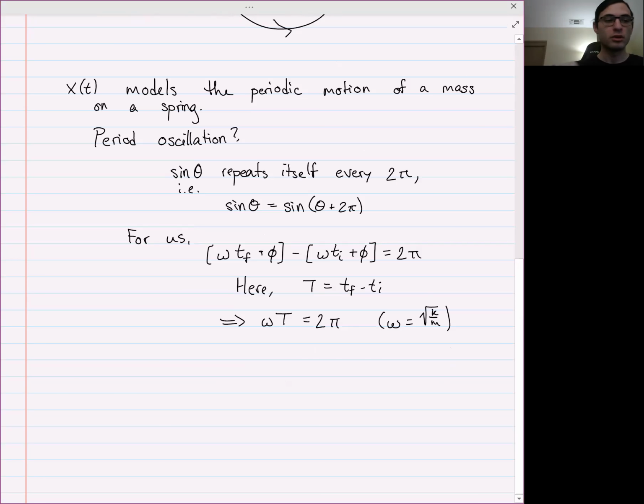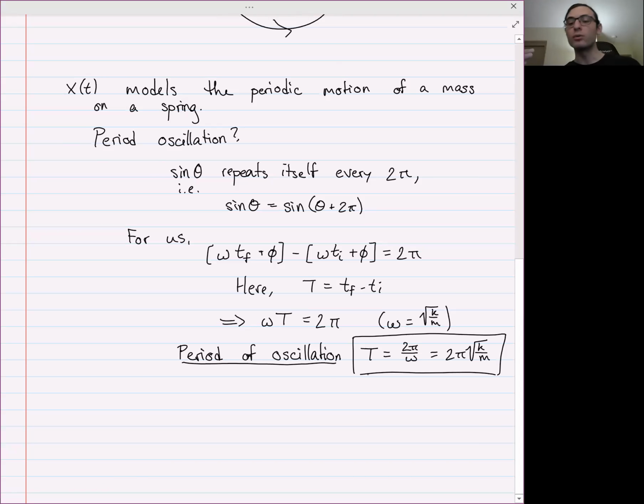And this was just by solving for Tf minus Ti. And so we find that the period of oscillation for any oscillating system, as long as we know what the omega is, T is equal to 2 pi divided by omega. And in this particular case, it's 2 pi times the square root of k over m for the omega that we know.